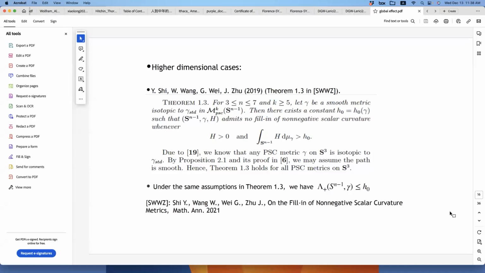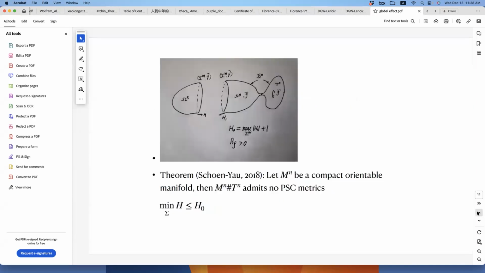Note that the mean curvature is bigger than H naught, so we can always smooth it to get a smooth Riemannian metric with positive scalar curvature. This contradicts Schoen-Yau's result, which says that any compact manifold M connected sum with a torus admits no positive scalar curvature. Okay.